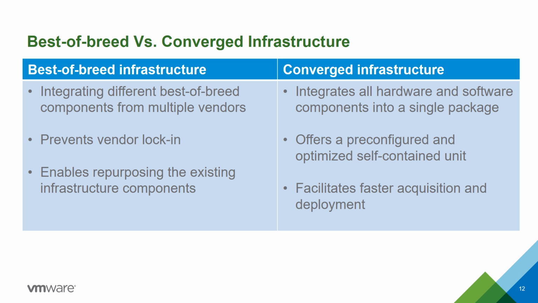That is called converged infrastructure, where a customer need not worry about purchasing compute system separately, network separately, storage separately, and virtualization separately. Where at the end of the day, he will end up contacting different vendors for different components in case of some issues. Okay. So that's one of the biggest challenges that a lot of IT organizations face.